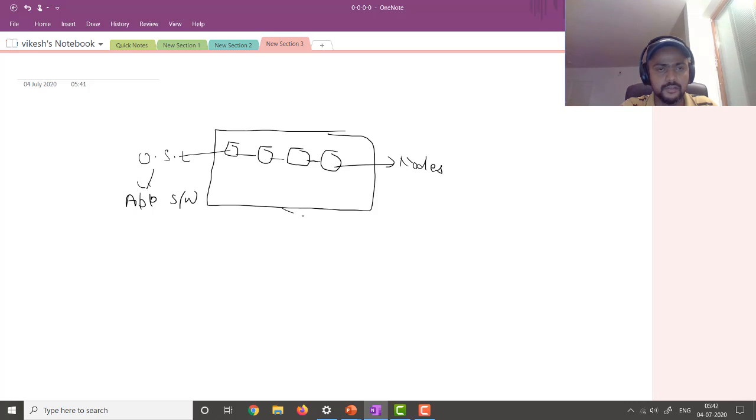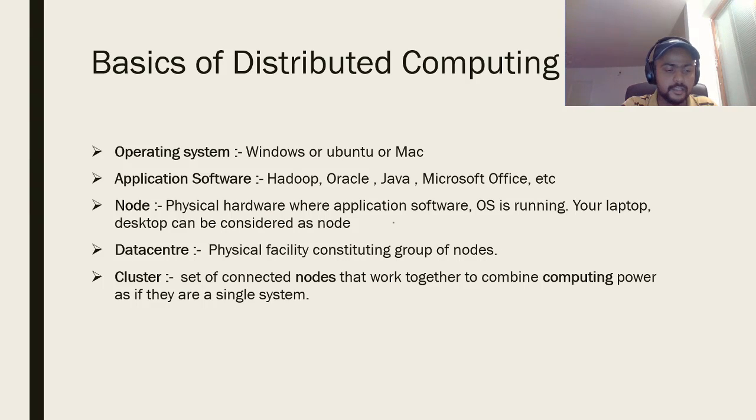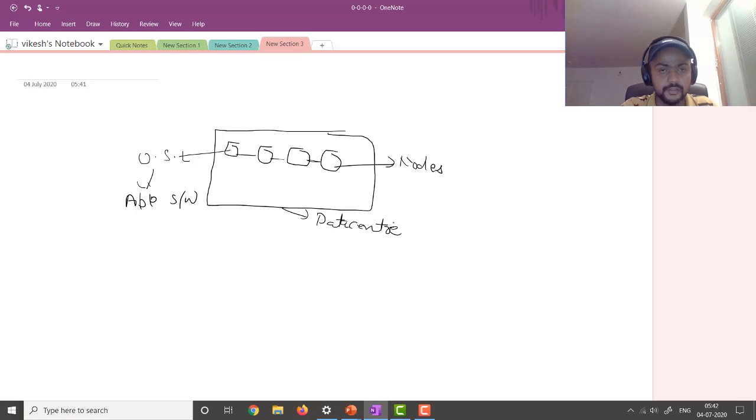So if I go back to the presentation, we talked about the data center, which is basically this whole big box, basically a building. I can just write it as data center. And then we said that a data center will have clusters of computers. This is basically a logical cluster, and each cluster will have machines called nodes.